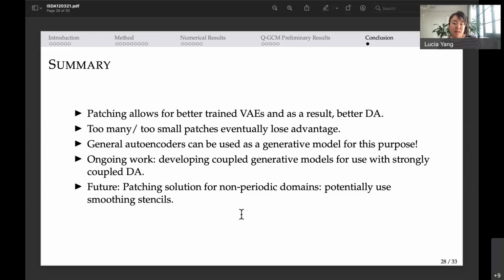Too many or too small patches lose the advantage, so there's a little bit of work to do about that. But overall, it seems promising, and we are developing how to do this for coupled systems, and some other future work includes coming up with a solution for non-periodic domains.